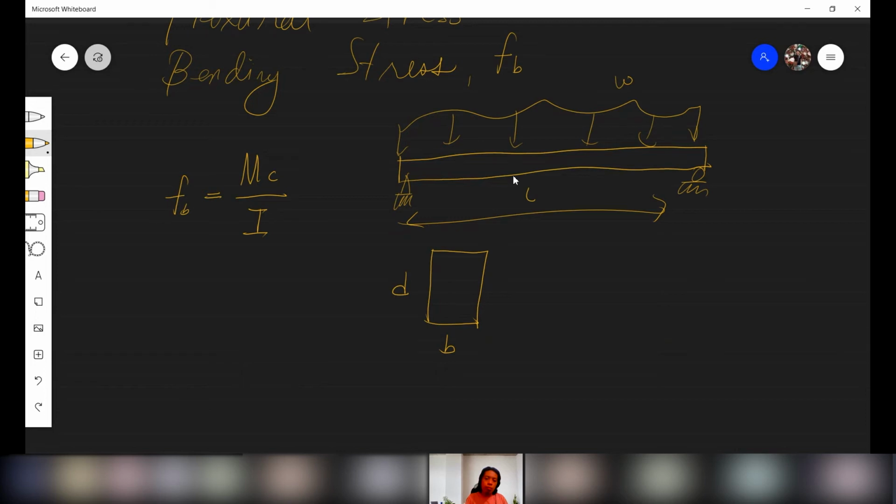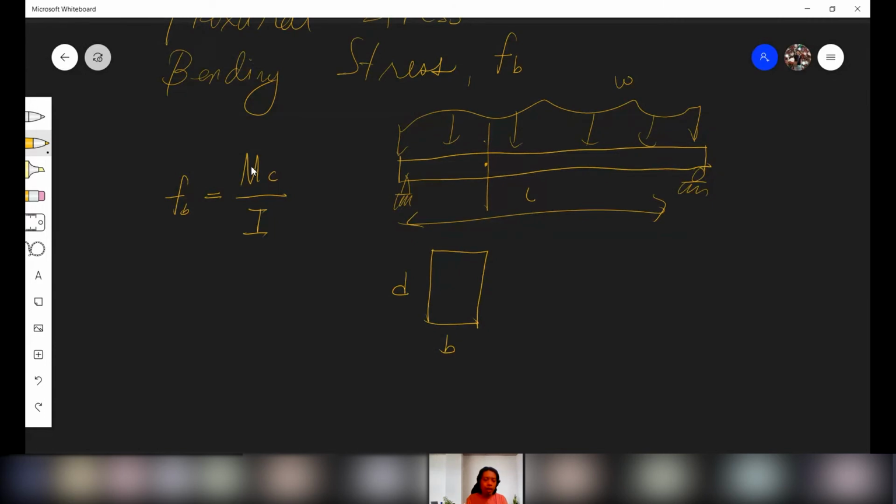If you are trying to solve for the stress at that section of the beam, you need the moment of the beam at that section. That is M, the moment of the beam at the section where you are solving for the flexural stress.